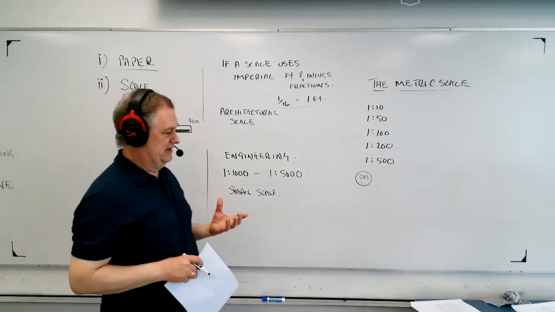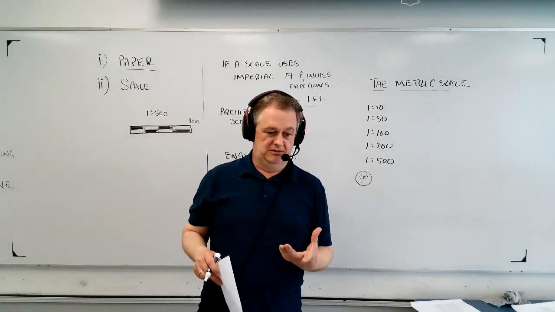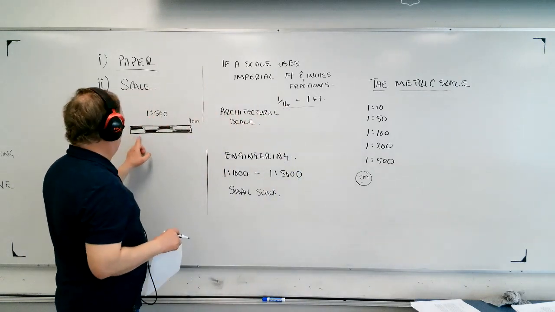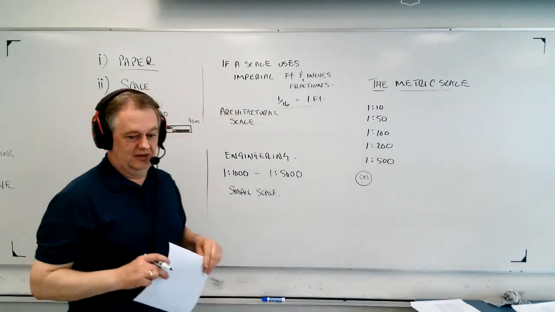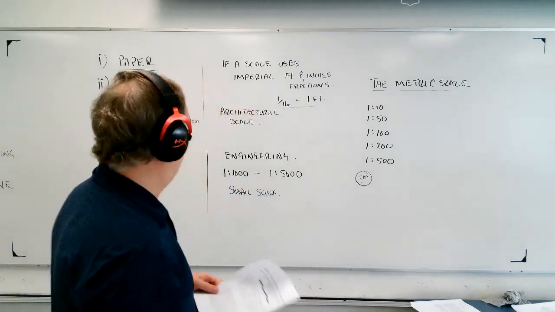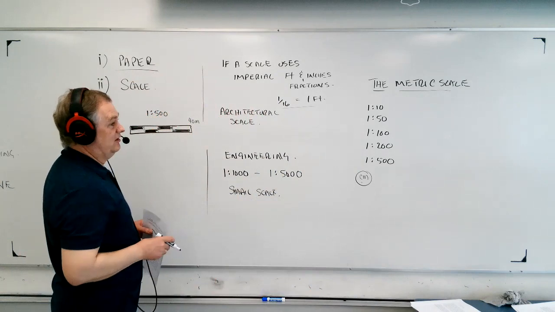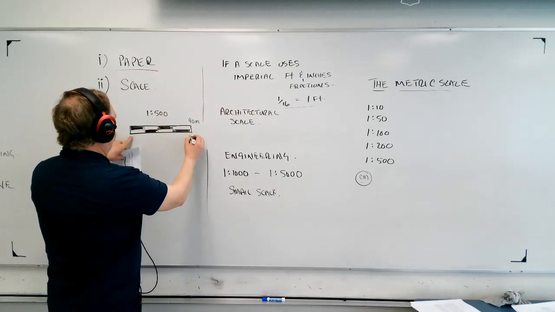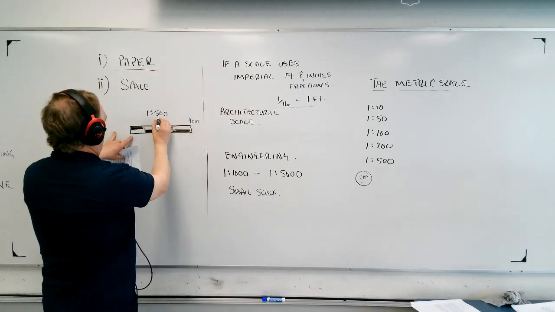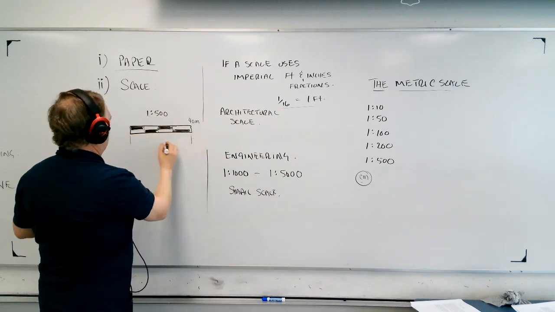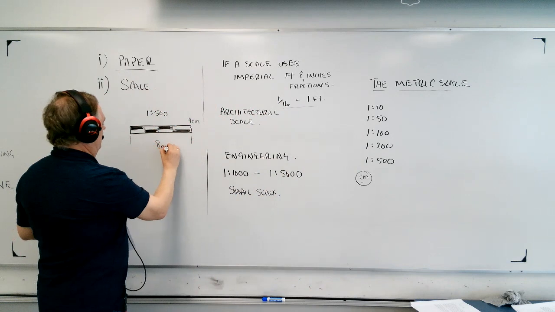You should be able to take just a plastic ruler with centimeters on it and lay it along here. Let's check quickly the math on this. If you go 40 meters, that's 400 centimeters.